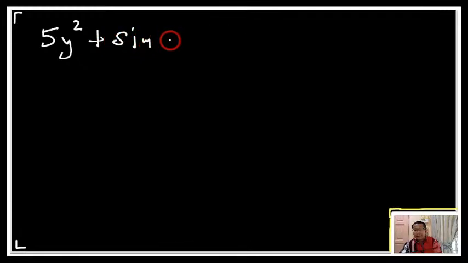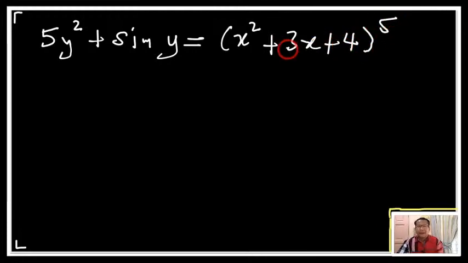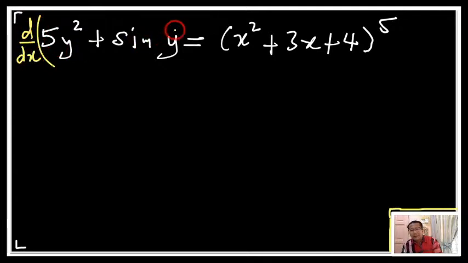Okay, another question. 5y squared plus sin y equal to (x squared + 3x + 4) to the power 5. So if we d/dx everything, you d/dx this one also.